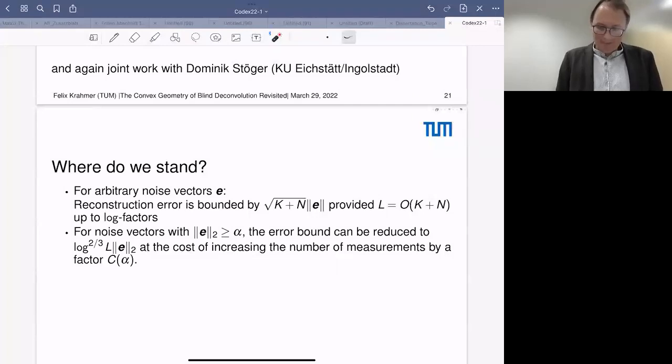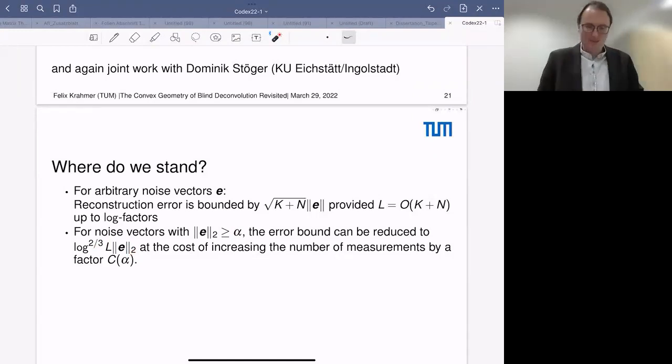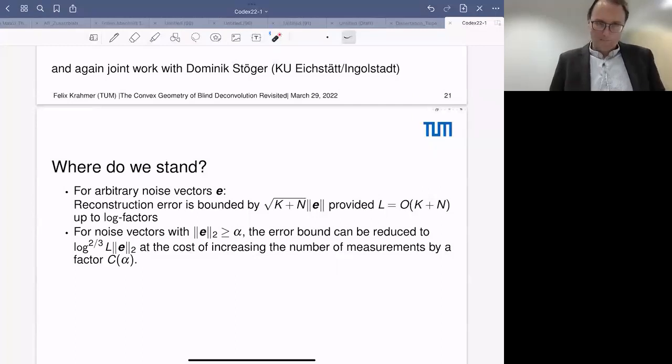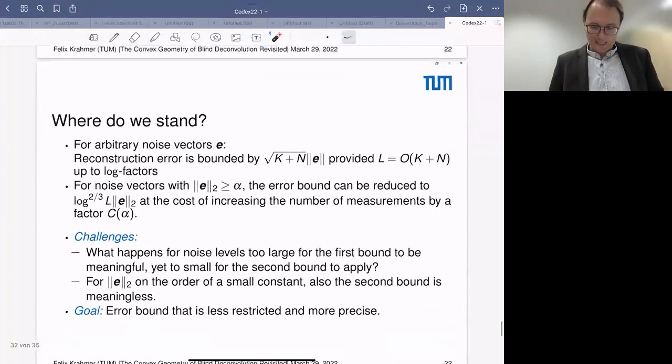If we don't know anything about them, we can only say that up to logarithmic factors, we get a scaling of the noise level times some square root of k plus n dimensional factors. If we are above a certain threshold alpha, then at the cost of increasing the number of measurements by a constant that depends on this threshold alpha, we can get better: a linear scaling in terms of the noise and a much nicer dimensional factor, in the sense that it's only logarithmic. So this is where we stand.